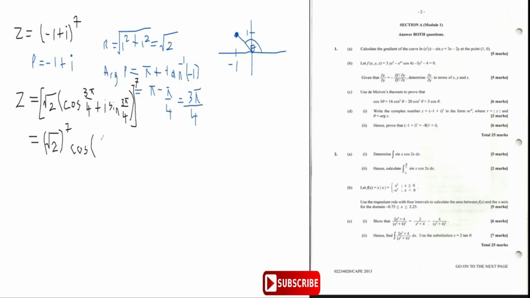I know it is really sad to put that in a calculator, but it happens to the best of us. So it's 21 pi over 4 plus I sine 21 pi over 4.